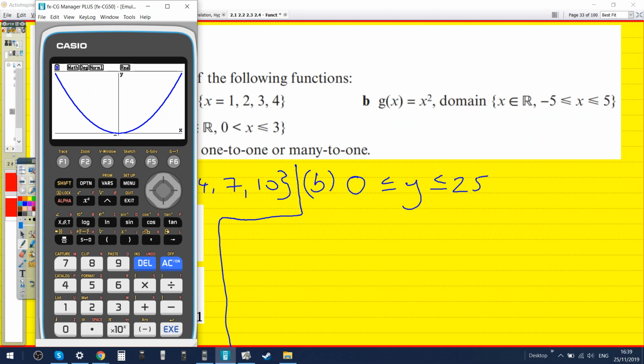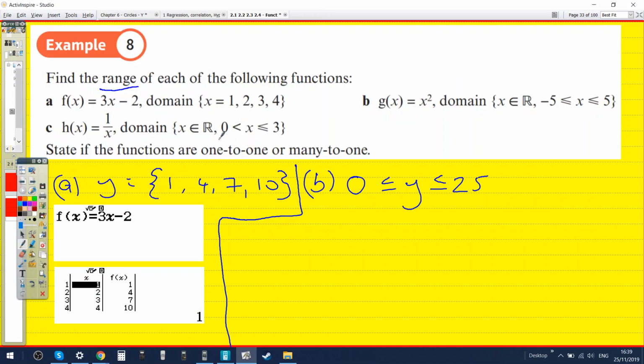So would the lowest one be a third? Okay. And that'll be just less than y. So I think it'd be less than or equal to, because you get a third when you put in 3. And it's less than or equal to 3. So 3 is included.